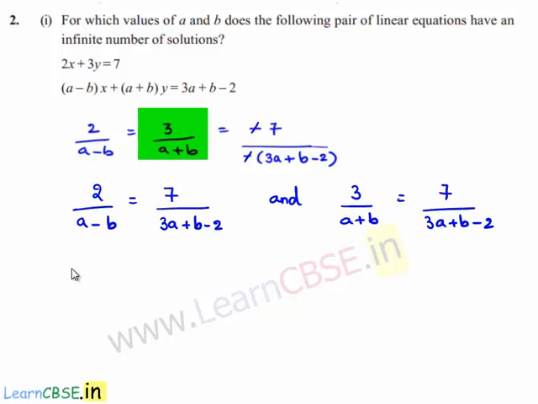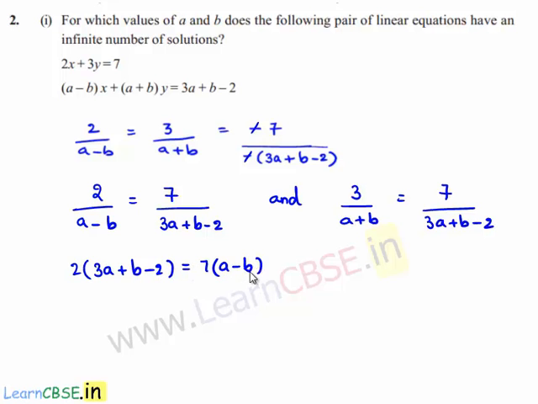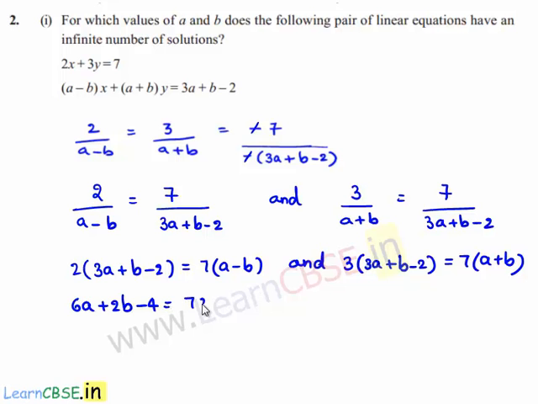On cross multiplication we will get 2 times of 3a plus b minus 2 is equal to 7 times of a minus b, and 3 times of 3a plus b minus 2 is equal to 7 times of a plus b. So this becomes 6a plus 2b minus 4 is equal to 7a minus 7b, and this becomes 9a plus 3b minus 6 is equal to 7a plus 7b.